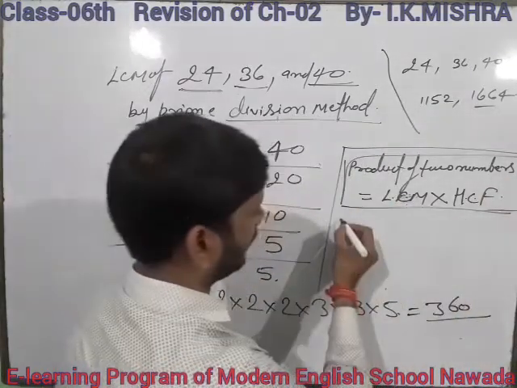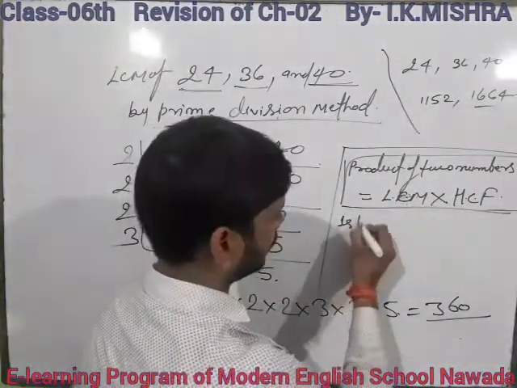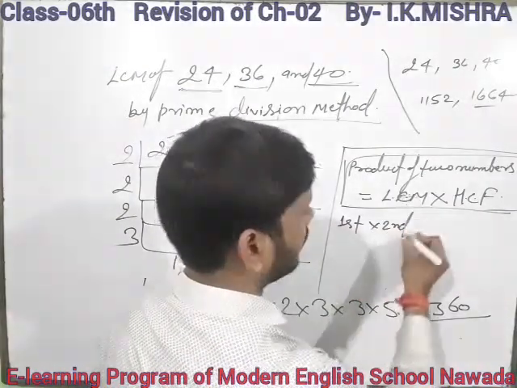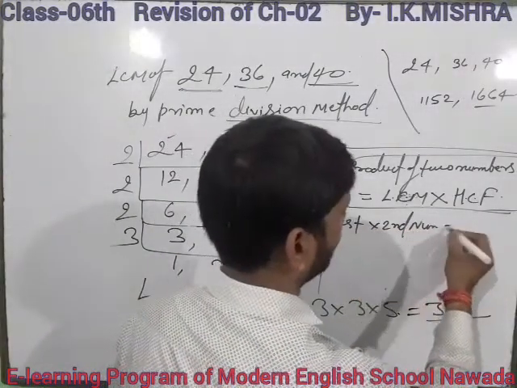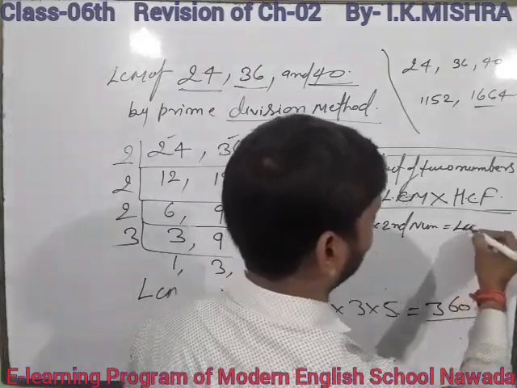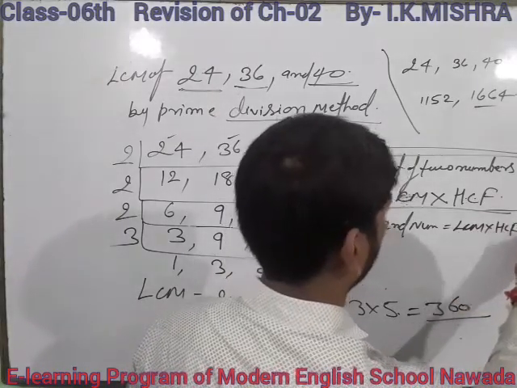That means if two numbers are given, first number into second number is equal to LCM into HCF.